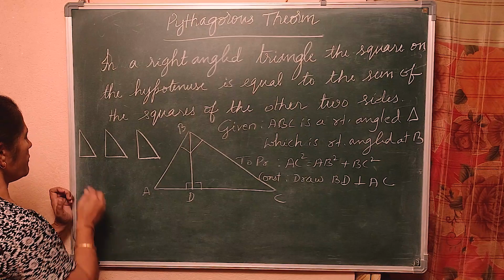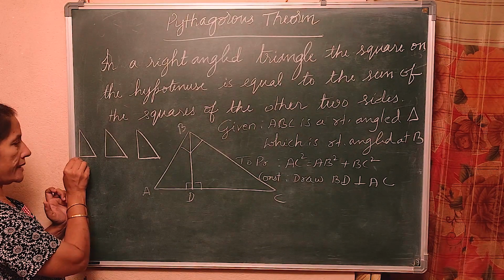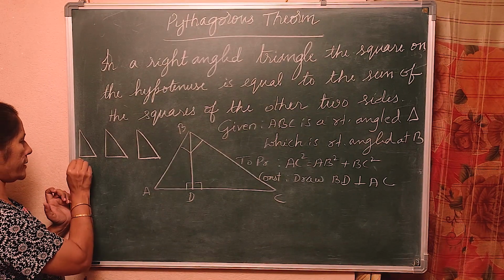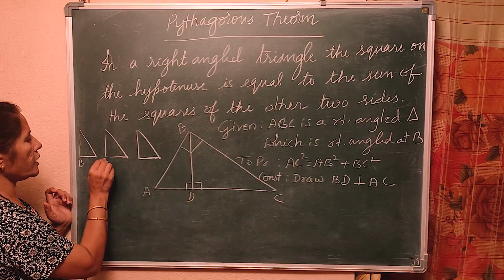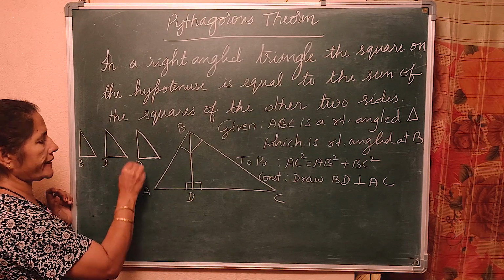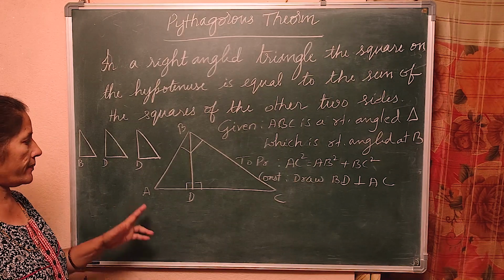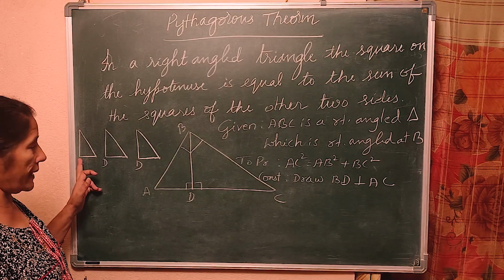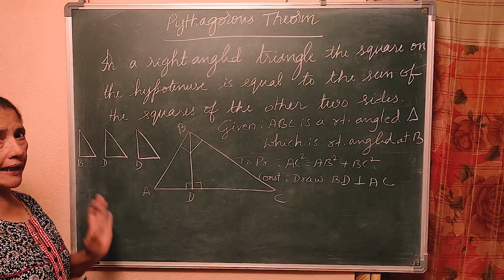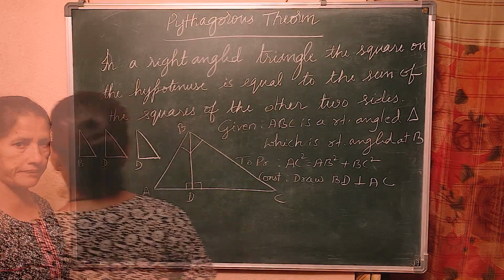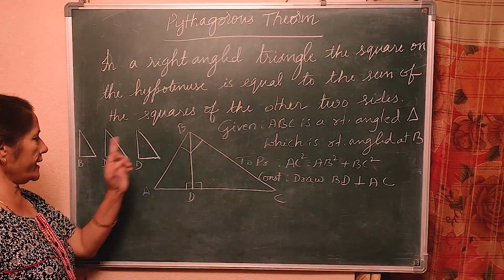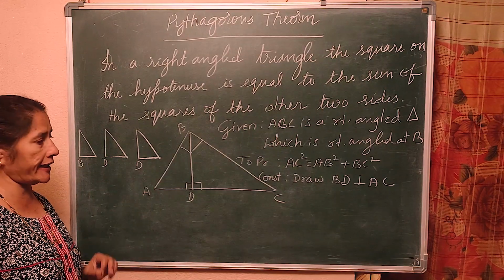Now, first one is the original one, right angled at B. The other two are both right angled at D. I hope you understood. How to name them is very important.